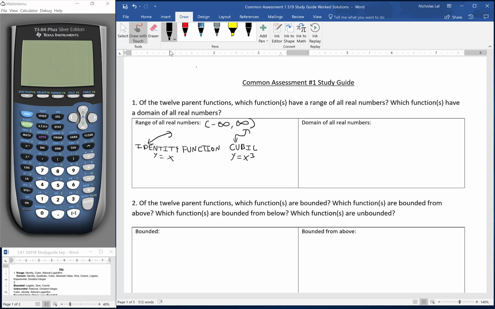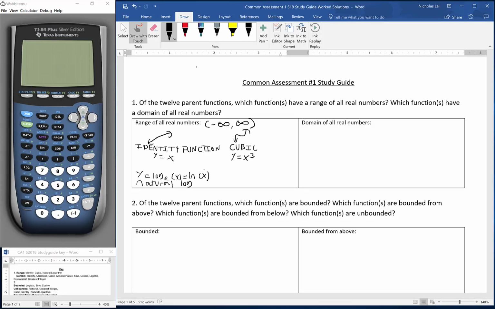And then you have the natural logarithm function. This is y is equal to the log base e of x, or is equal to the ln of x.